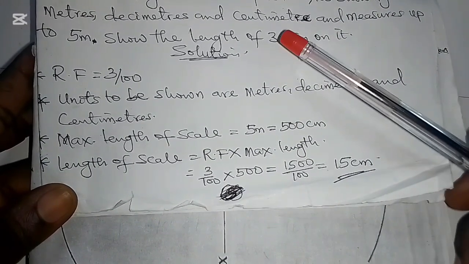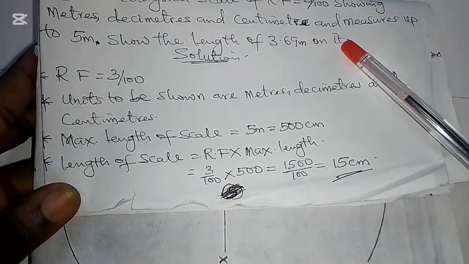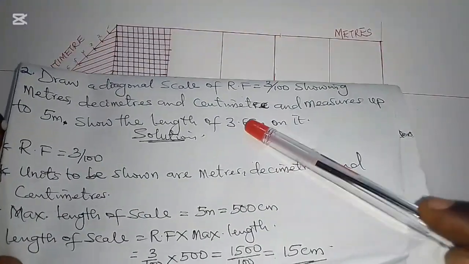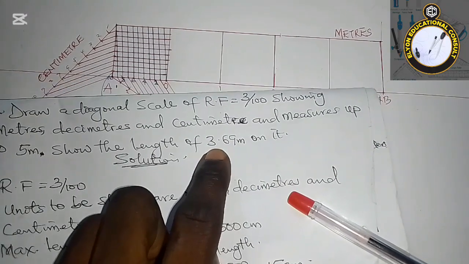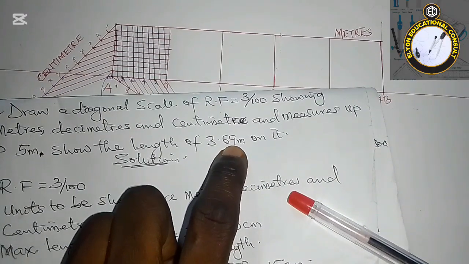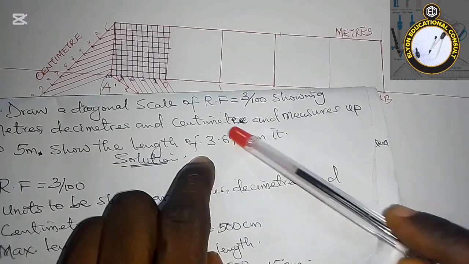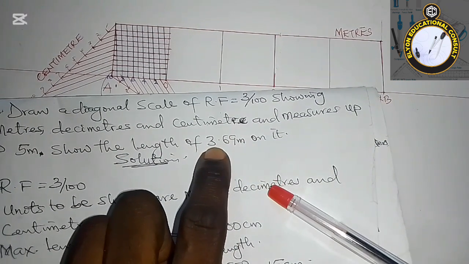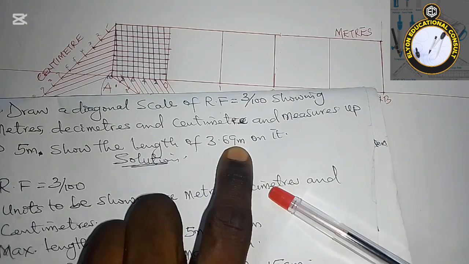So we are told to take measurement 3.69 meters on it. This means 3 meters, 6 decimeter, 9 centimeter. I repeat, by this measurement it means 3 meters, 6 decimeter, and 9 centimeter.